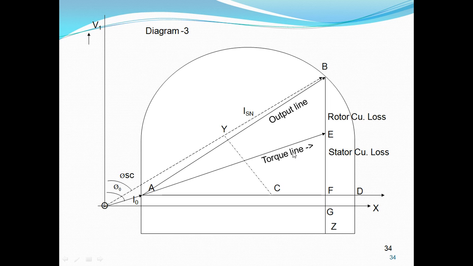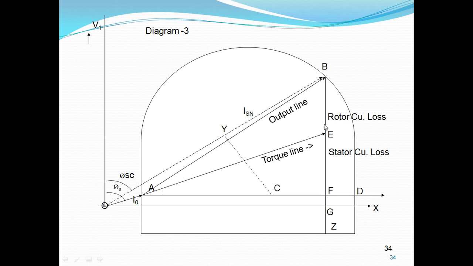From B, draw a vertical line to the x-axis, which cuts the x-axis at G and AD at F, and BF. In a problem, if the rotor copper losses and stator copper losses are given as equal, then put the middle point.